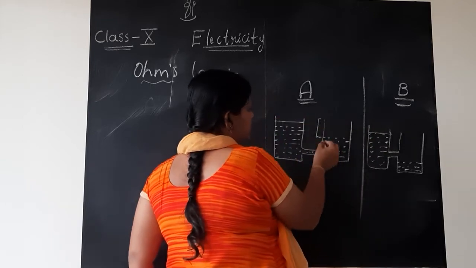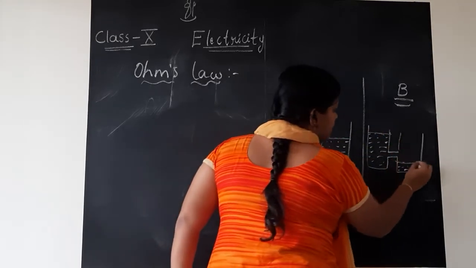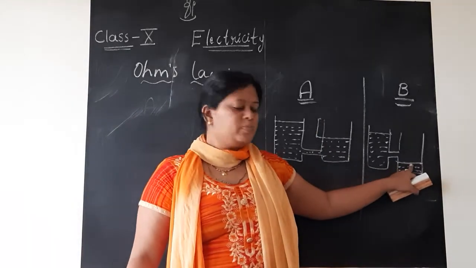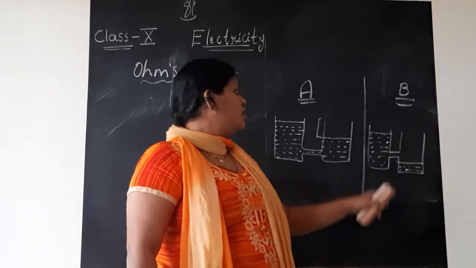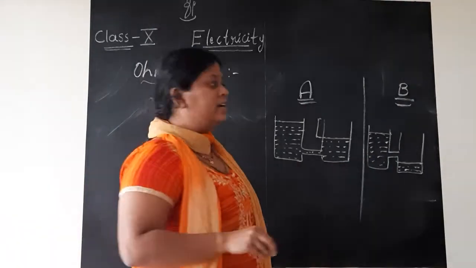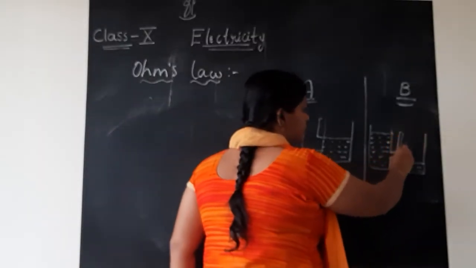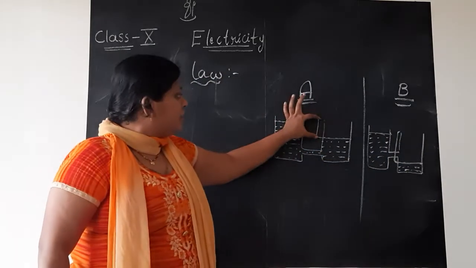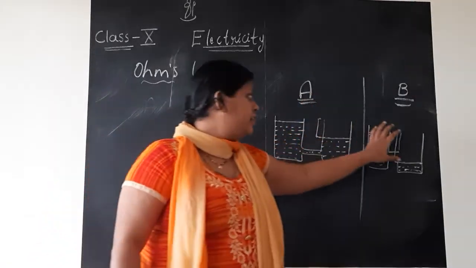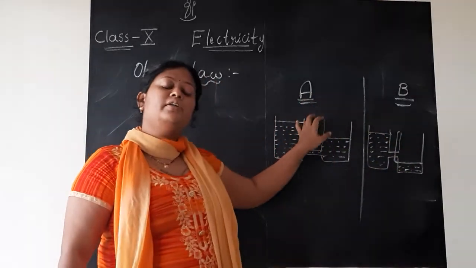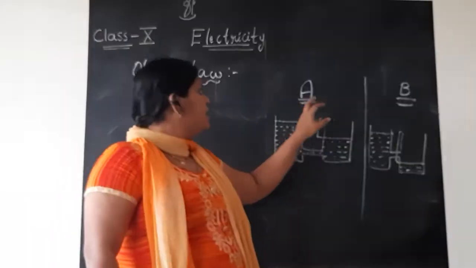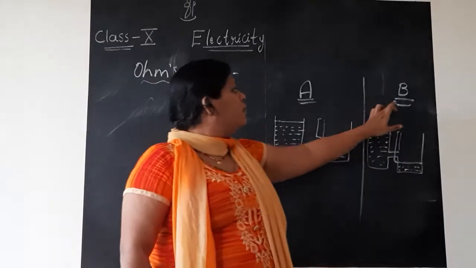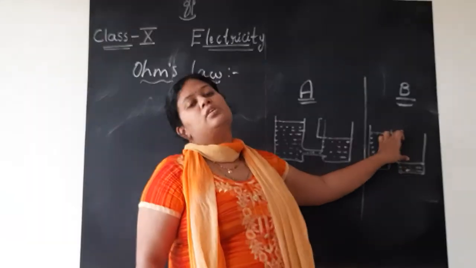In the second beaker, the water level is very low compared to the first one. This much water level difference is there. So there is a difference in the water level in both case A and case B, but in case A the difference is less, whereas in case B the difference is more.